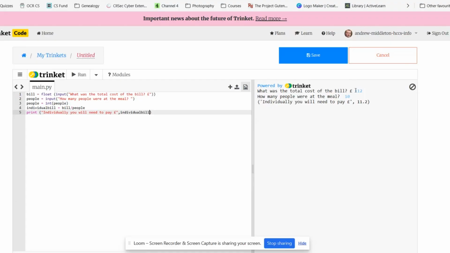And that gives you an answer based on what it's just worked out. So that was the red one. Now the amber one. The amber one was a different question. So this was the one about money on holiday.